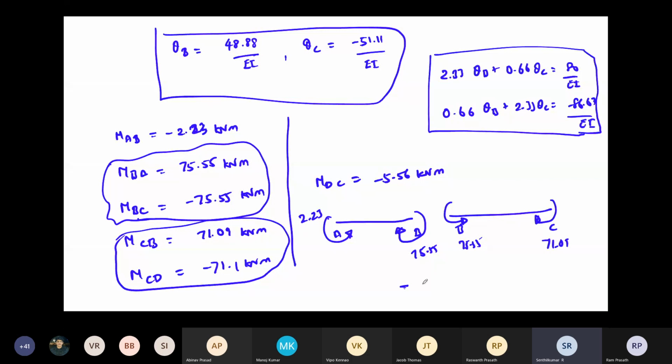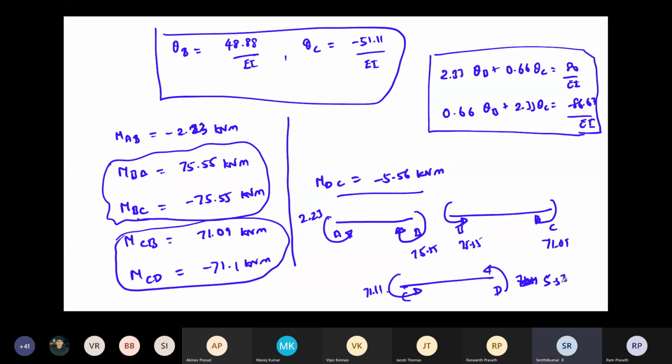Then finally CD: anti-clockwise 71.11, and then DC is minus 5.56, so that is anti-clockwise 5.56.